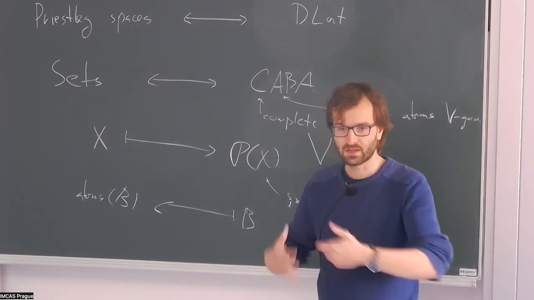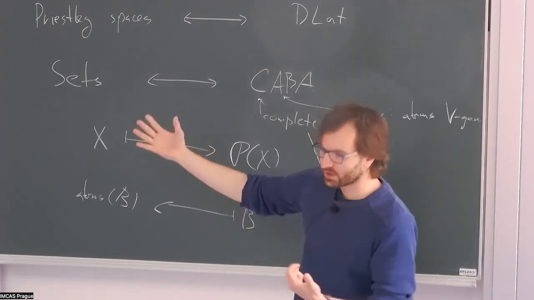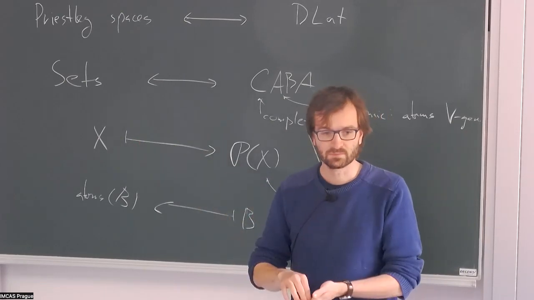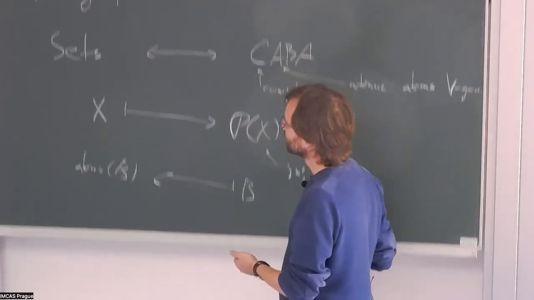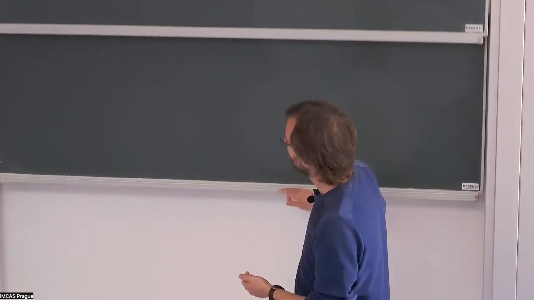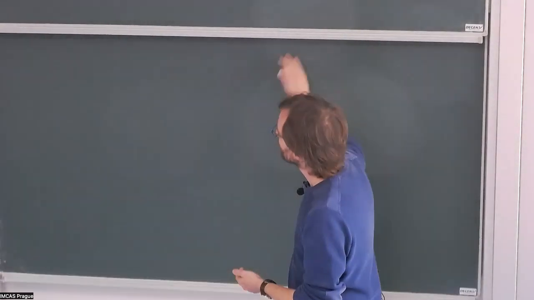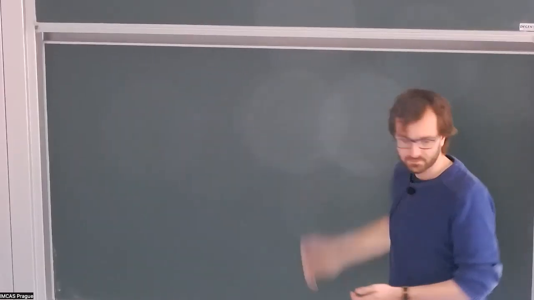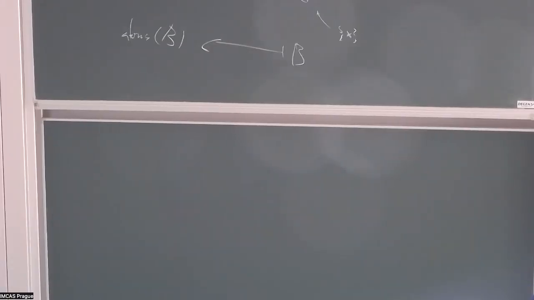So you would have a Boolean algebra with an extra structure on it. These were called modal algebras, for example. And this is what inspired this paper by Bjarni Jónsson and Alfred Tarski.